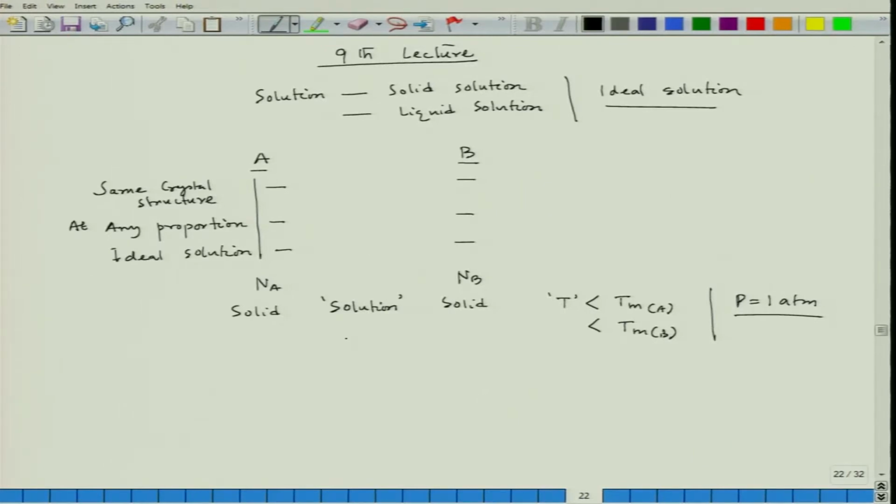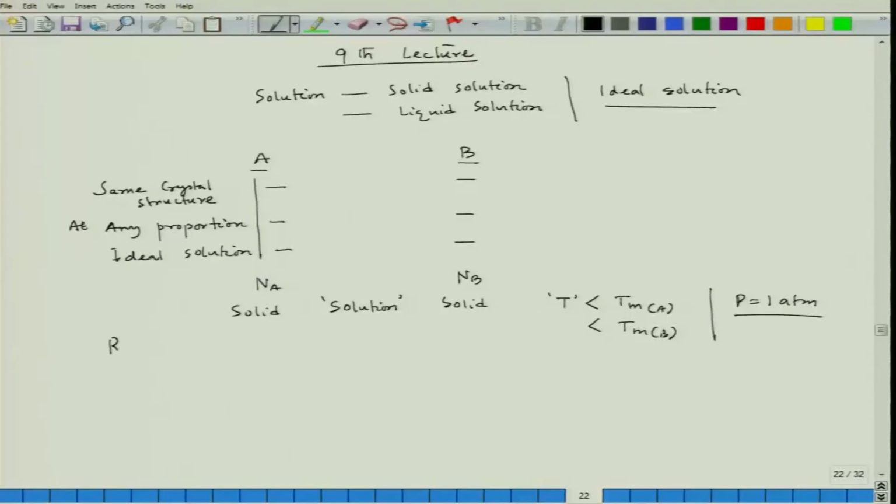And here also we are considering that they would form random solution, and also we would have a complete disorderedness in the system. That means there will be no preferred sites for A atom and B atom in that solution.